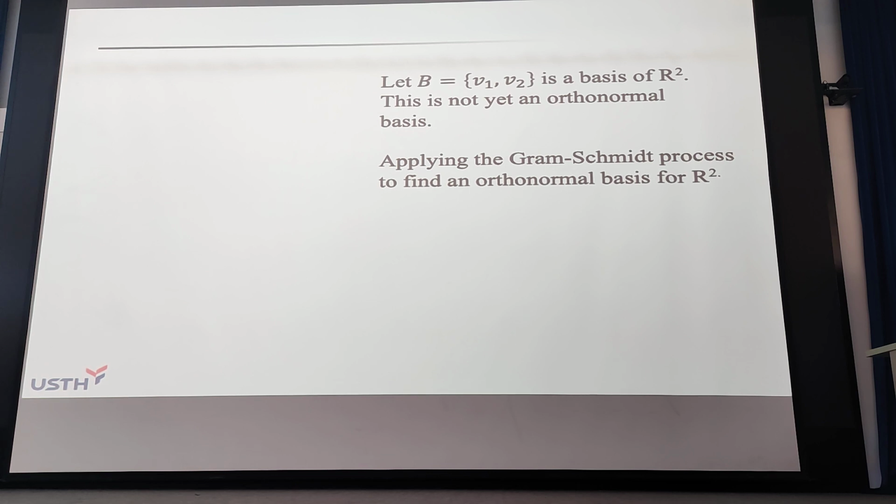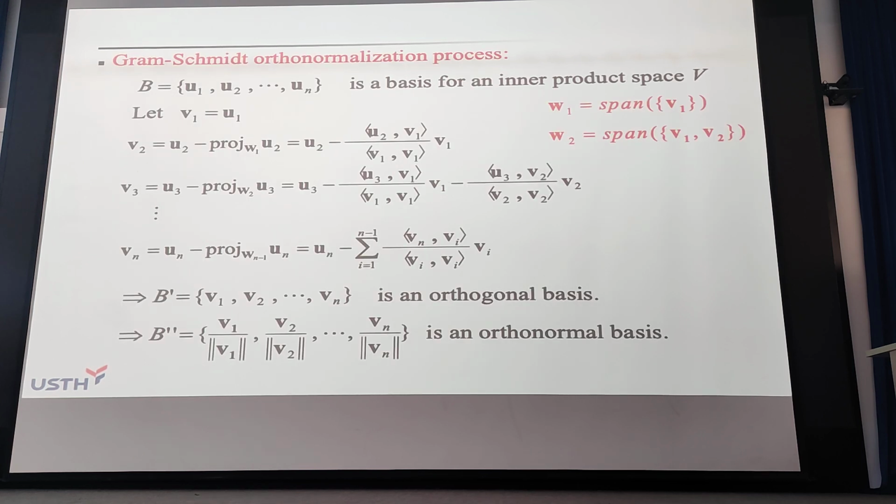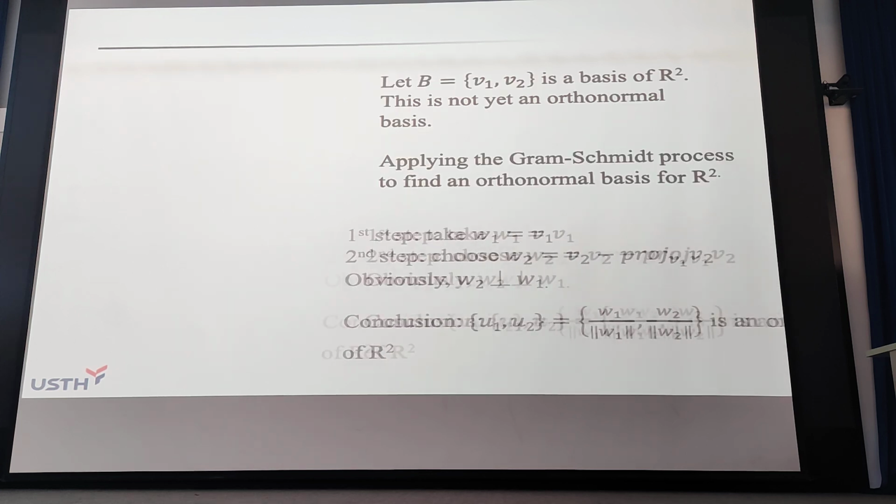Then you are required to apply the Gram-Schmidt process in the previous slide to find an orthonormal basis for R2. So how to do it? You should remember the steps here. You can take a look at the slide above.